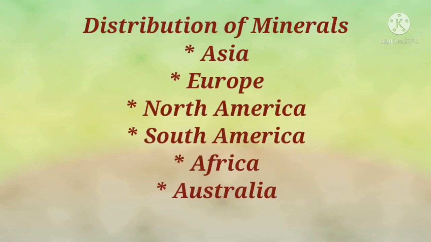Next, we are going to discuss distribution of minerals. Students, we know minerals occur in different types of rocks. Some minerals are found in igneous rocks, some in metamorphic rocks, and some in sedimentary rocks.